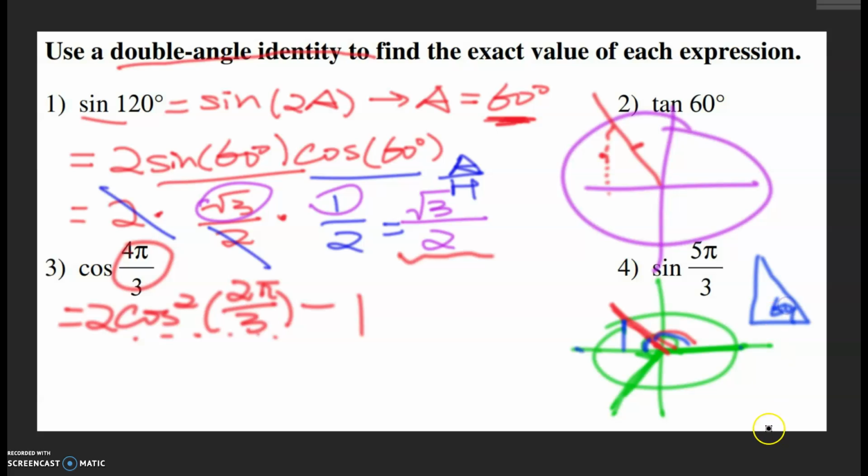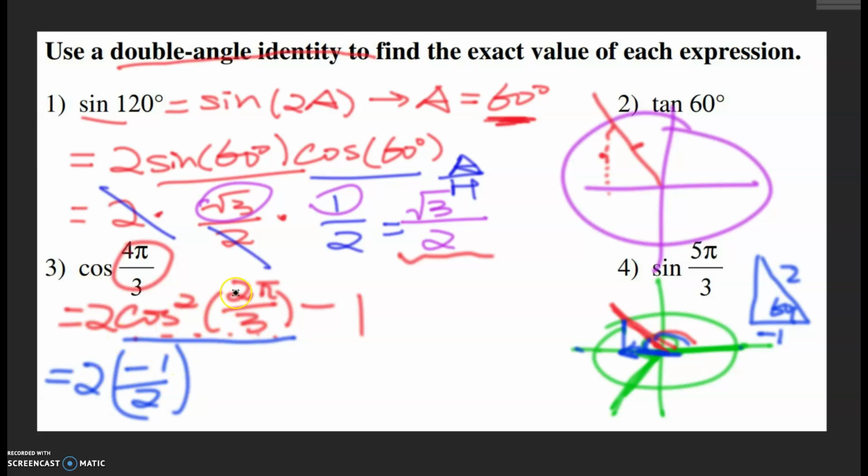Here's 60, and the cosine of 60, you need to remember, is 1 over 2. However, in this case, it's going to the left, so the adjacent is negative, making it negative 1 over 2. So we have 2 multiplied by the cosine of 2 pi over 3, which is negative 1/2.